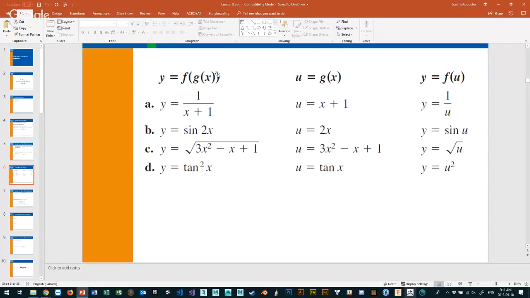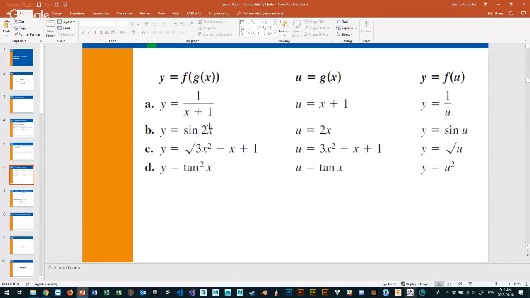So we take this whole u, sub it in, because if we say let u is equal to g at x, then we can sub in u there, just another variable to represent it. That's all it is. So what this does for us is it allows us to separate in our mind how to process one function over the other one.